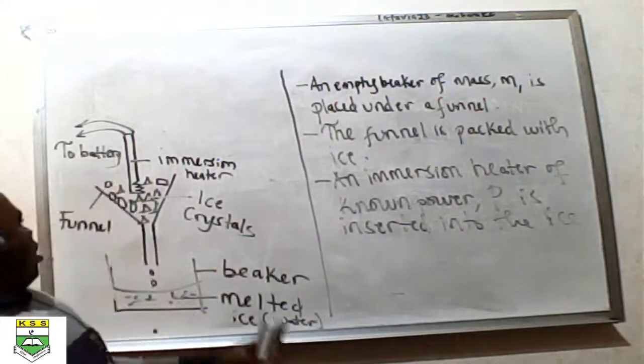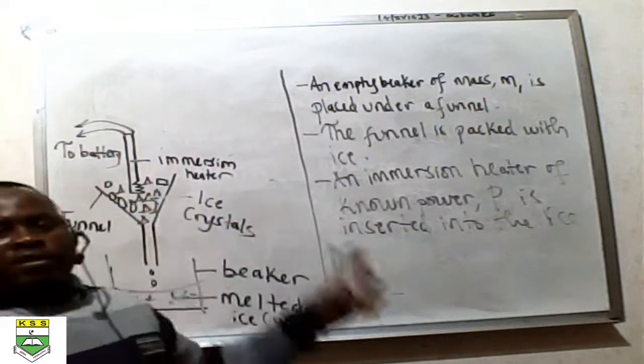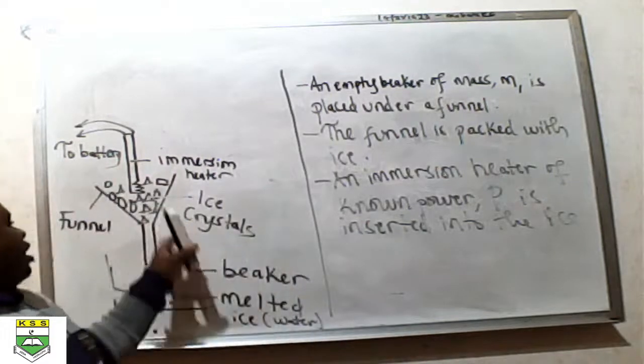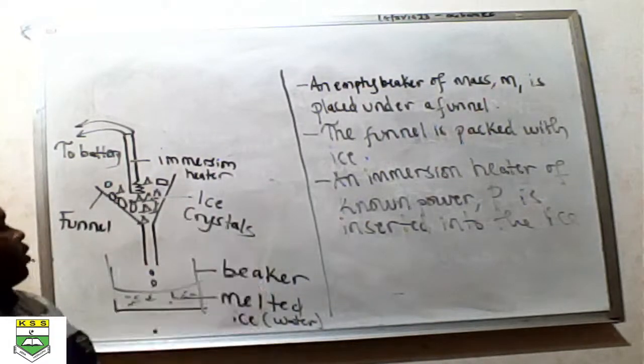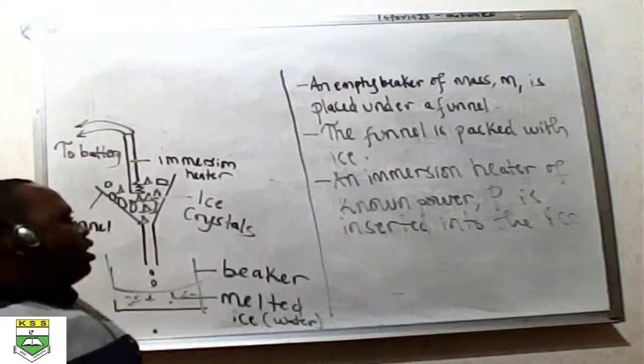So when the ice starts dripping at a constant rate, you see water trying to flow at a constant rate, you switch on the heater.